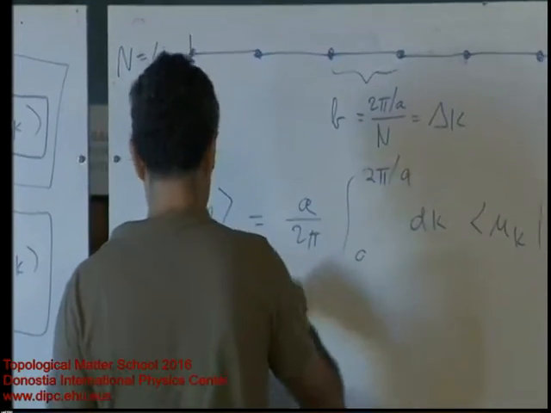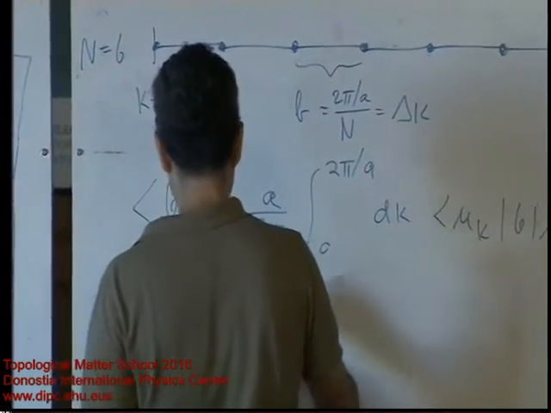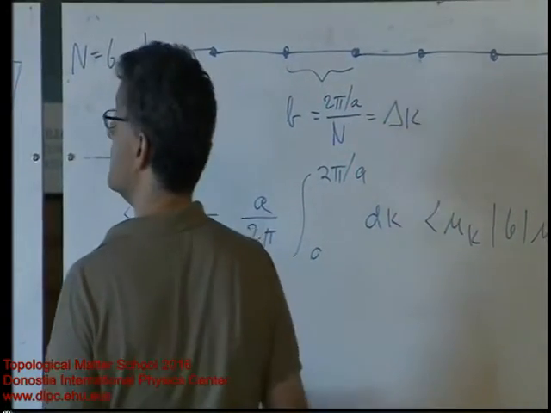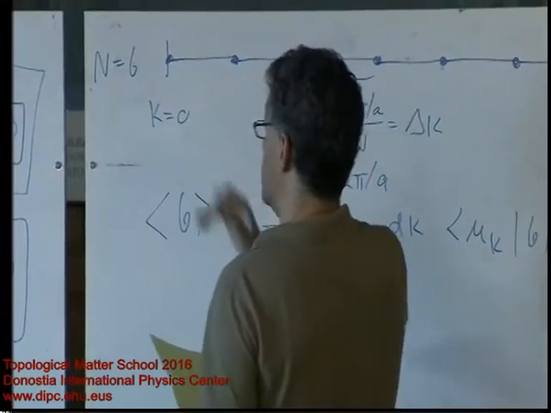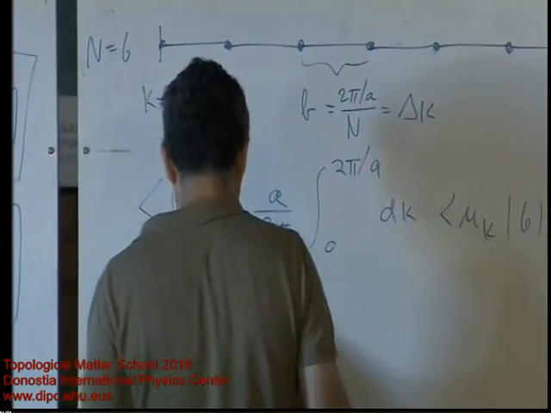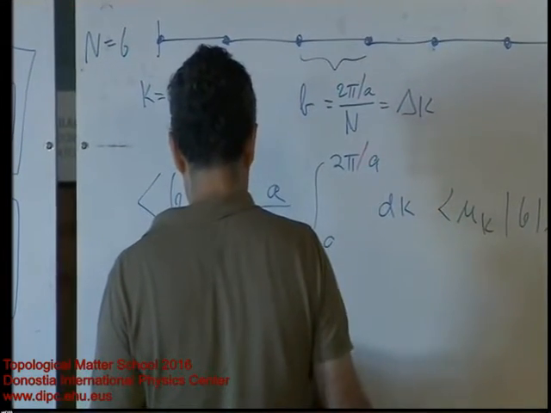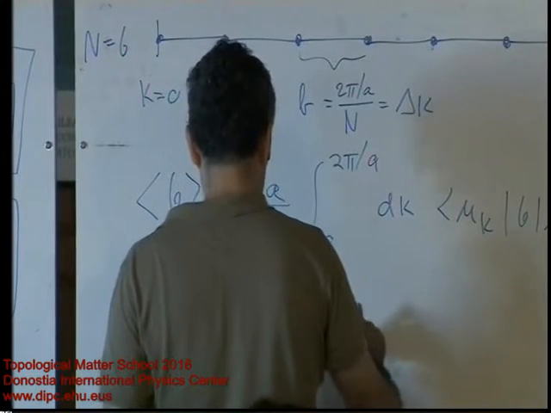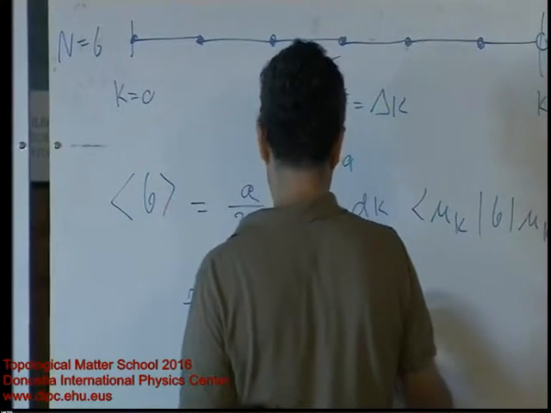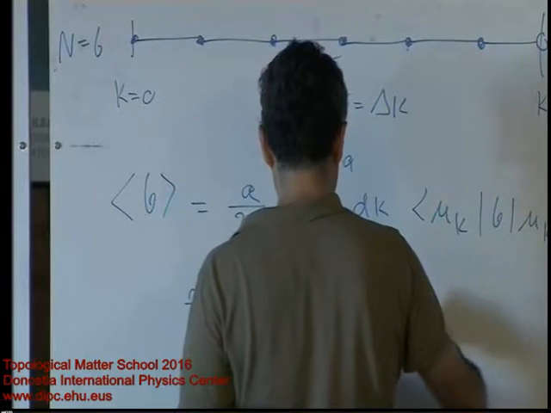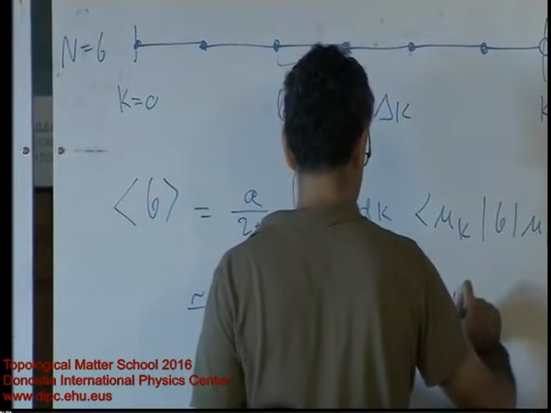And then it just becomes a sum, all with the same weight, of the contributions from each k-point.